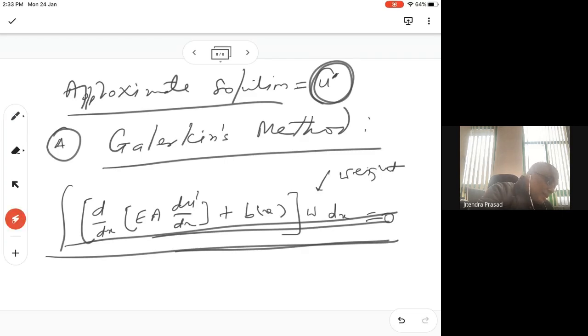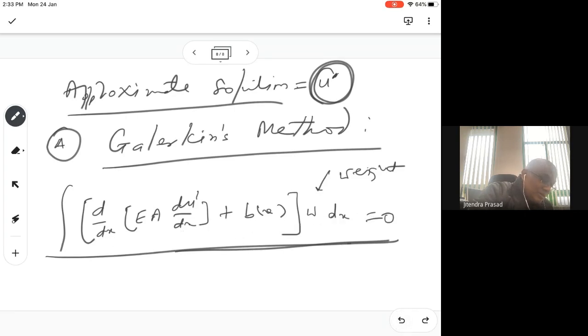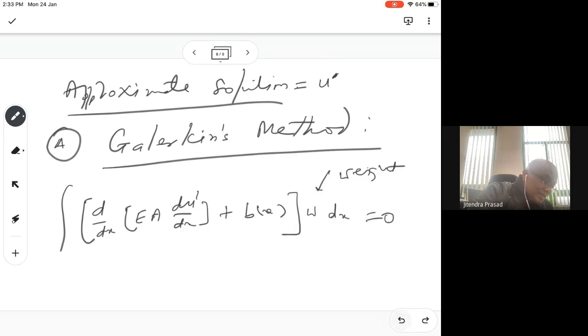This has to be defined over the whole domain, from 0 to L. So we multiply the original differential equation by W and integrate over the whole domain.